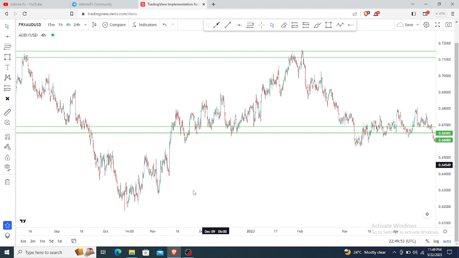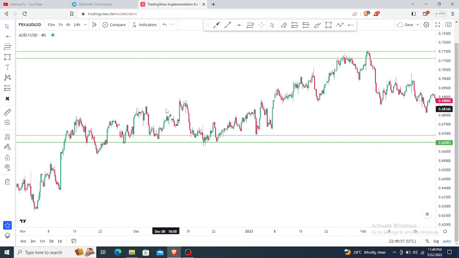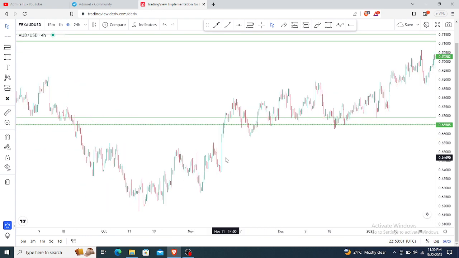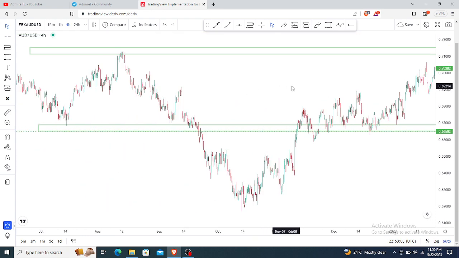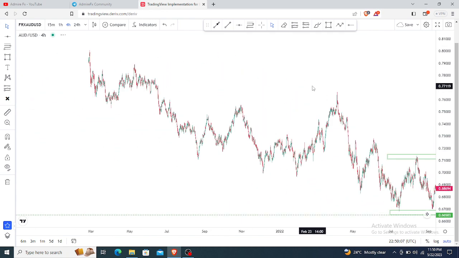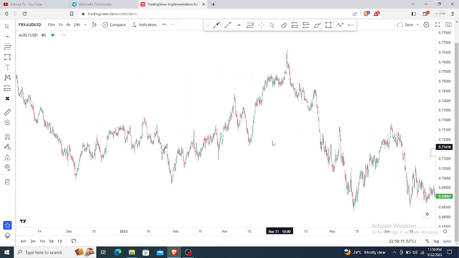Okay, so the strategy is mostly on the higher time frame. So first of all, you have to know your trend. After knowing your trend, you have to draw your trend lines and look for support and resistance areas. So this is a very nice example here.